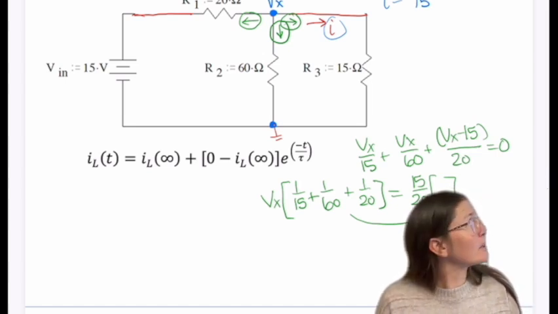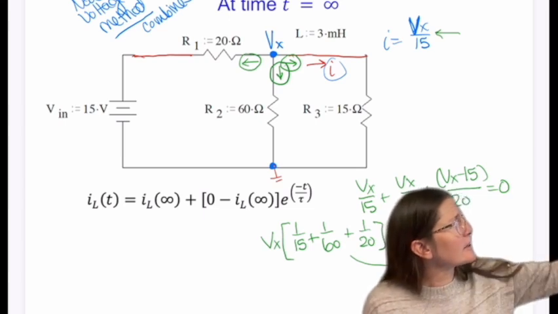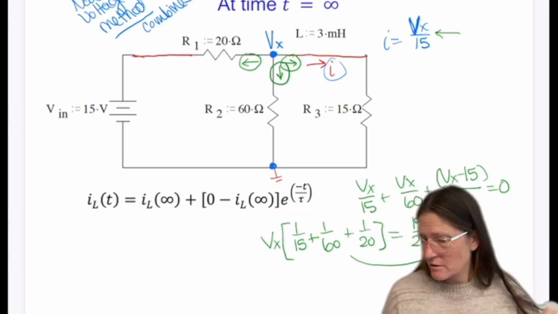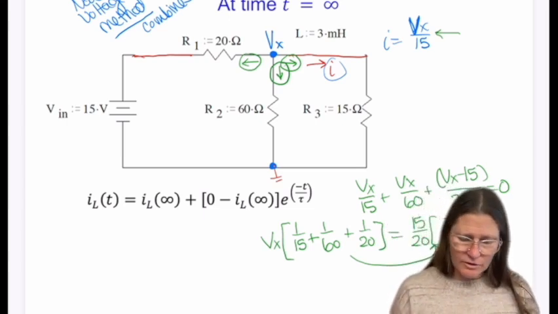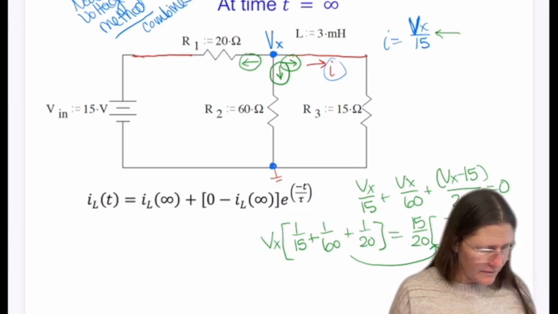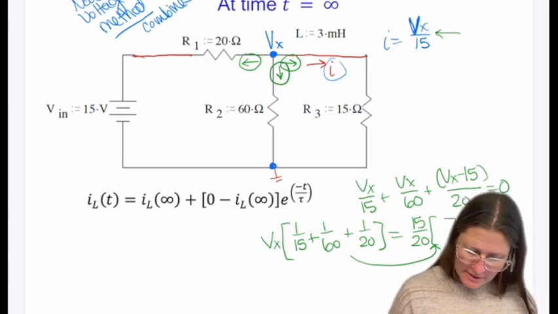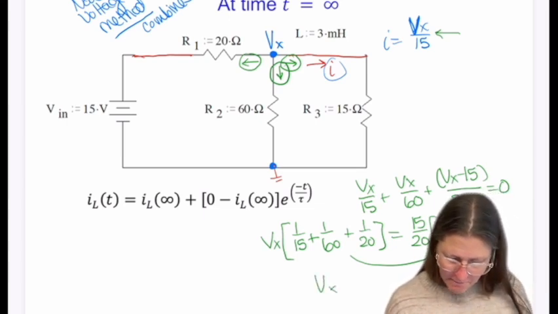The other way of solving this would be to find that voltage Vx by a voltage divider and combine the 60 and the 15 together. So I think that ended up being, let's see, 15 times 12 over 20. So Vx in this case ended up being, I think, 5.625.